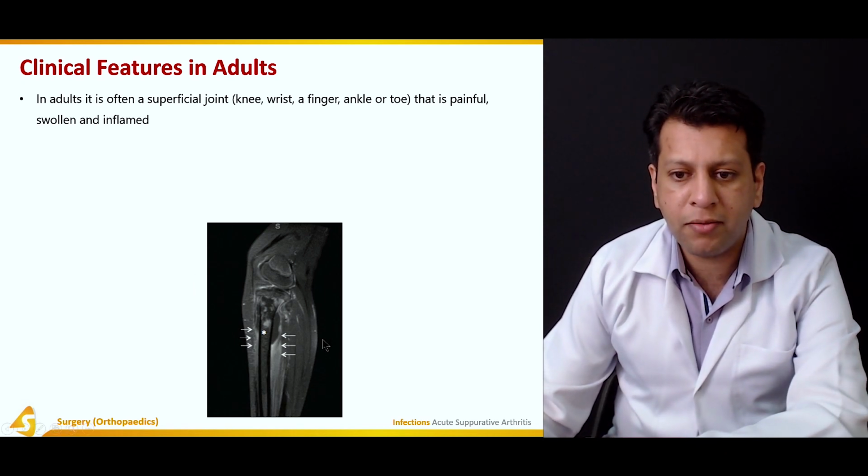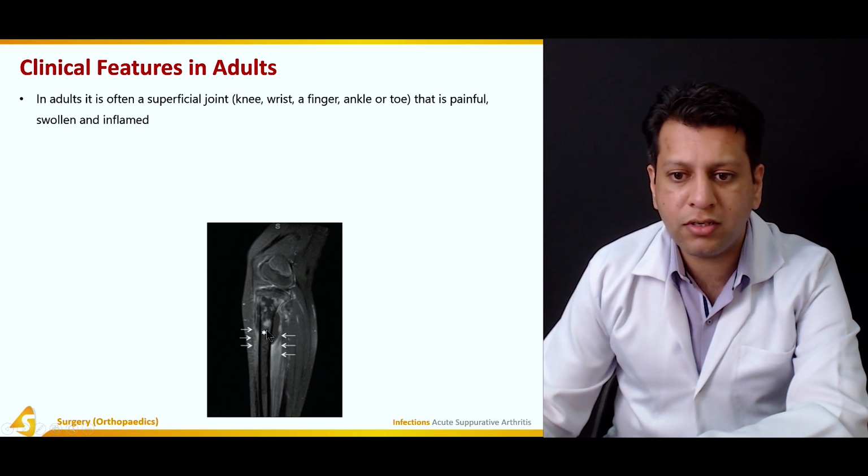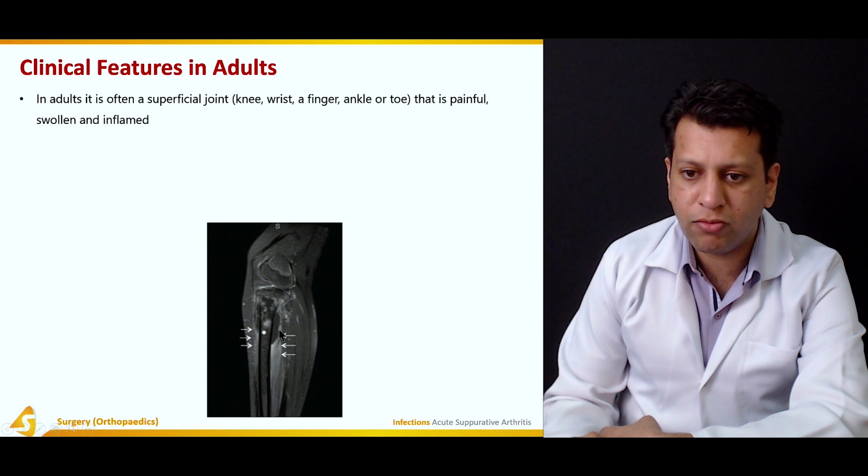It's basically a T1 image. As you can appreciate, the exudate, or water, appears black. This is most likely the sequestrum, the dead bone which is there, and new bone formation is going to take place along with it. There is also some degree of edema, swelling of the soft tissue, which can be appreciated here.